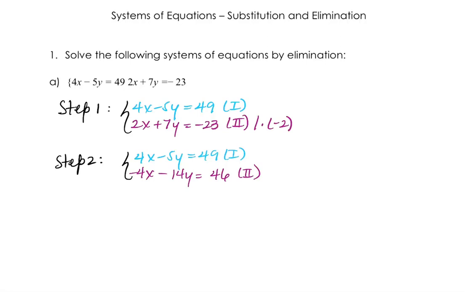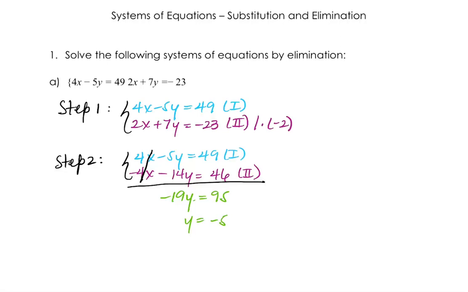Now that we have transformed equation number 2, we can eliminate the x. What remains is negative 19y equals 95, and that solves for y: y is negative 5.